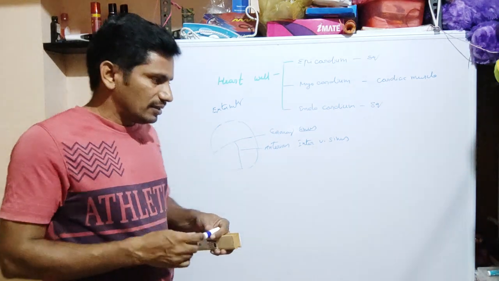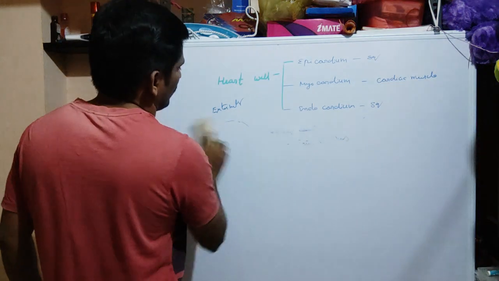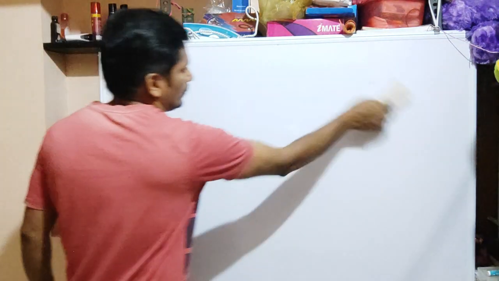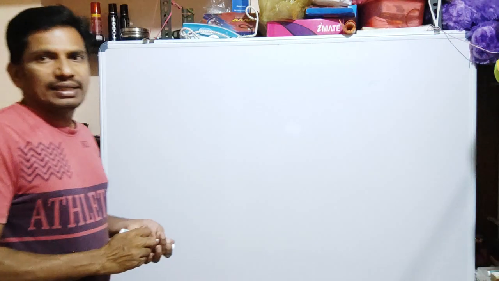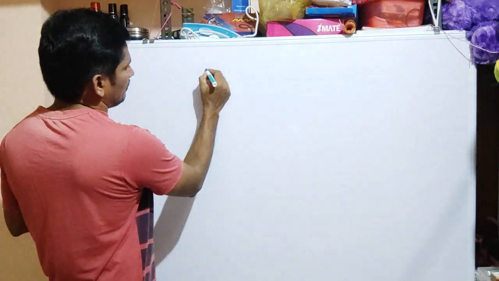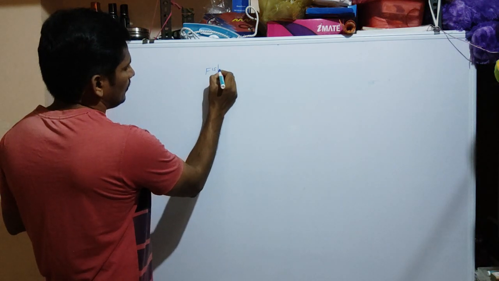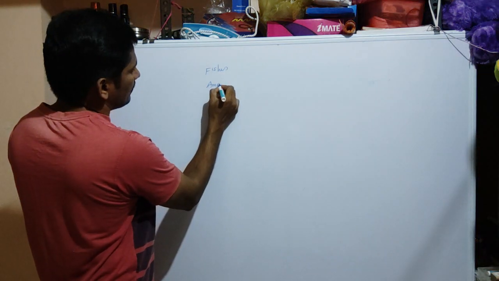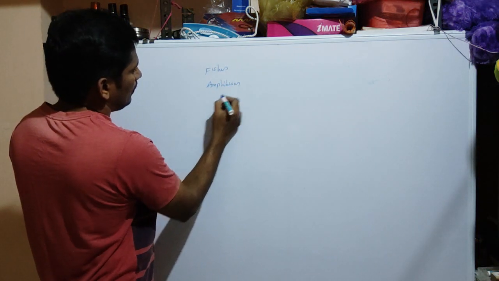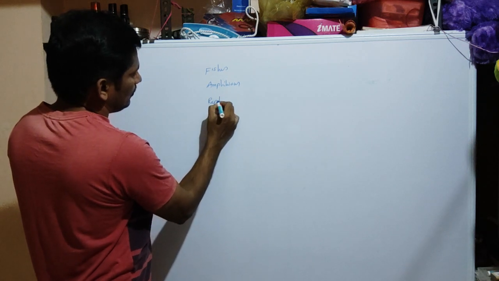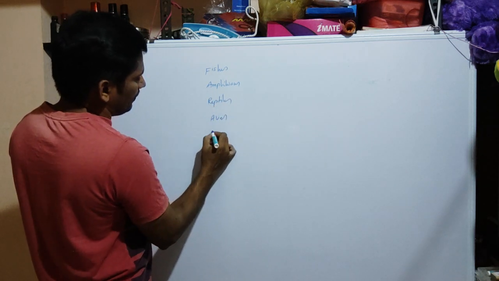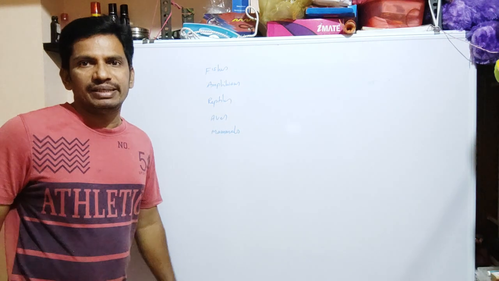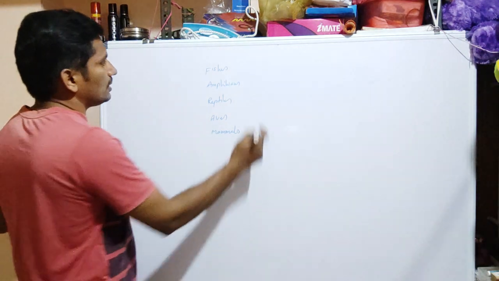If you go inside, the complete structure of the human heart has four chambers. We know that in evolution the vertebrate classes are Pisces, amphibians, reptiles, aves, and mammals.